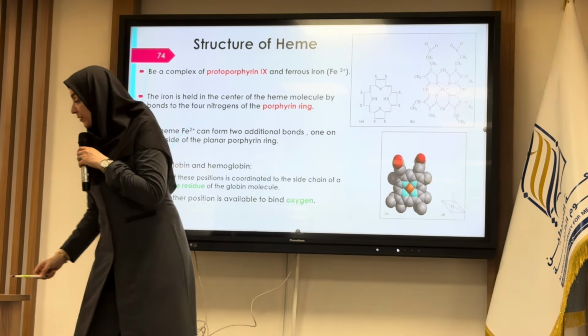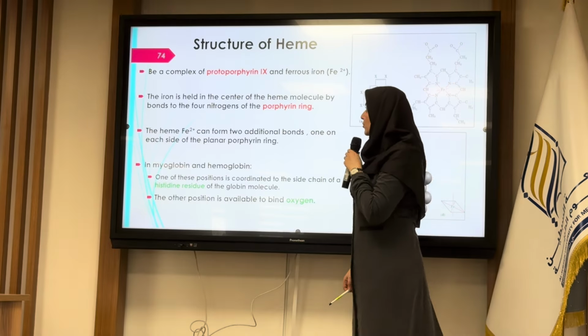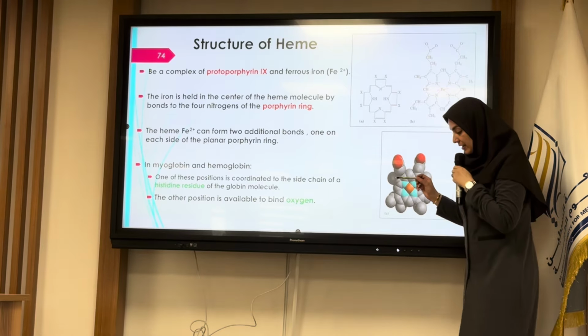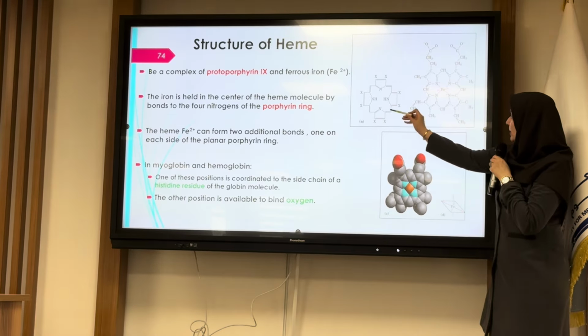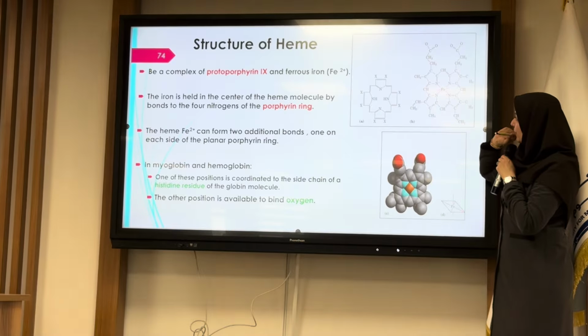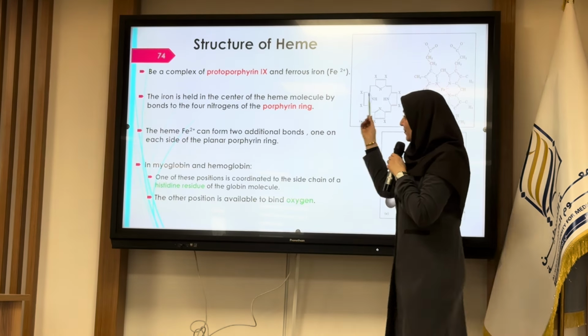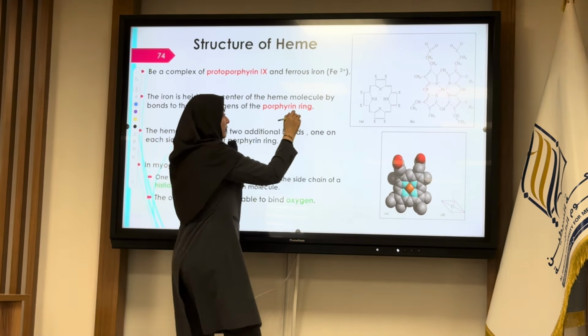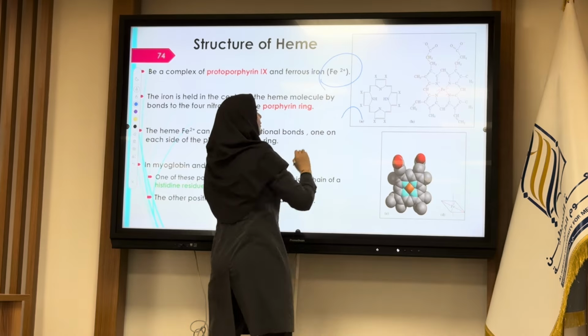Before that, I want to review the structure of the heme. What is the structure of the heme? In this picture, you can observe the overall structure of the heme. At first, I want to direct your attention to the form of the iron. What is it? Ferrous.